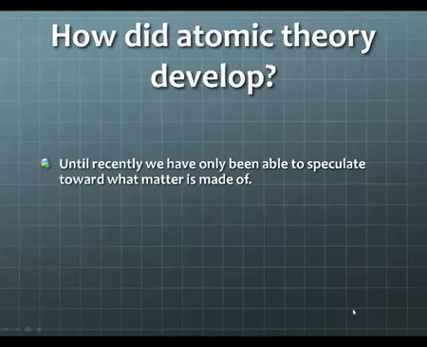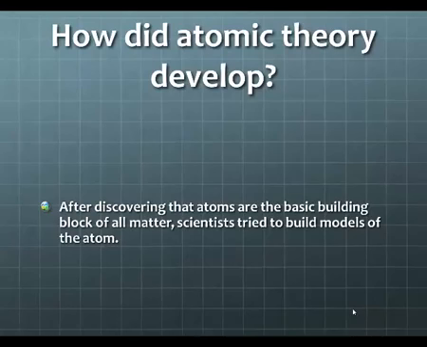Previously we actually thought that the materials that made up all things on the planet came from four major elements. Those four major elements were earth, fire, wind, and water. Obviously that is not correct. We have revised that over quite a few millennia.